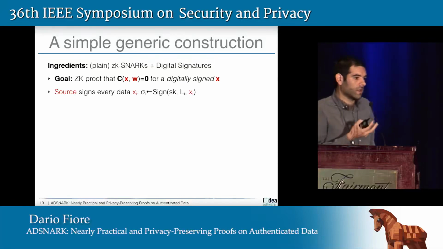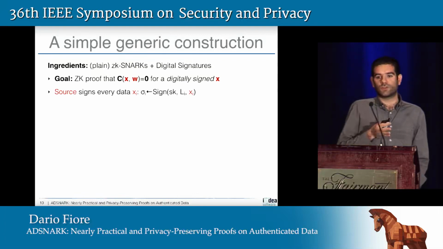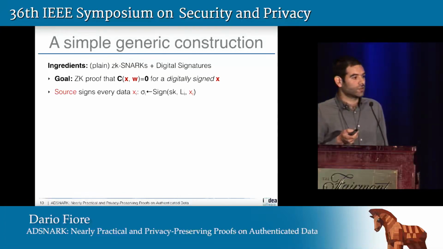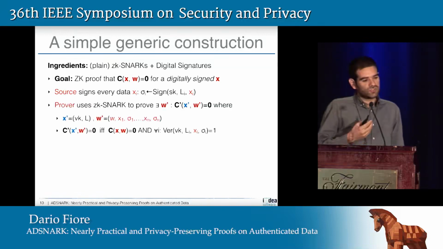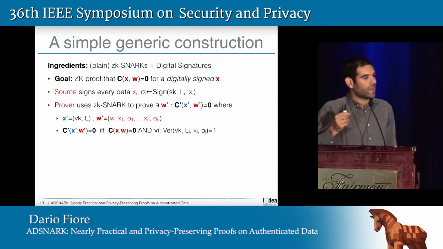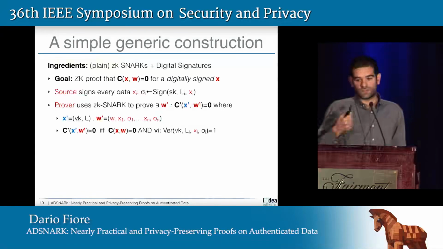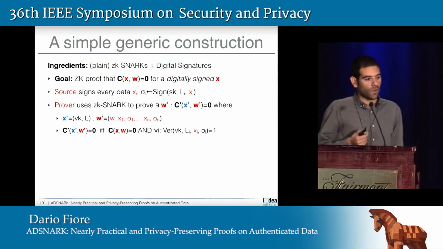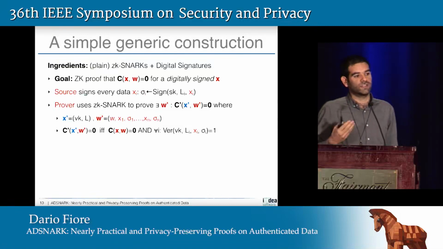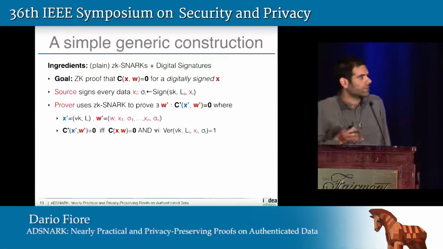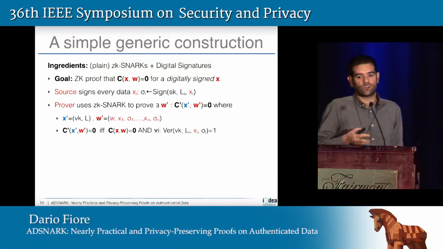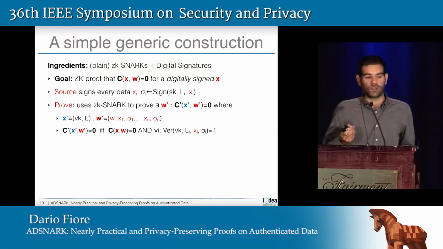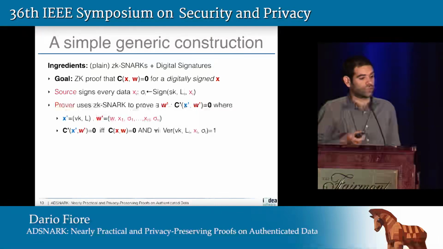So what's the basic idea? The trusted source is just going to sign the data using a digital signature. And the proof is going to show that this circuit is satisfied, and that for every element of the statement X, there exists a valid signature. So essentially, technically, what you're going to prove is another circuit C prime that embeds the signature verification circuit inside.